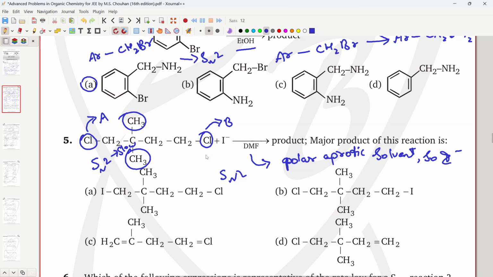Now for site B, a normal primary chloride, SN2 occurs readily. Or in simple terms, which one of these two is farther away from the bulky groups? Site B is. So site B is replaced by iodide. Therefore, I attacks the terminal primary chloride at site B. This corresponds to option B.